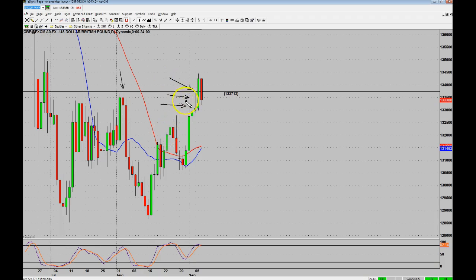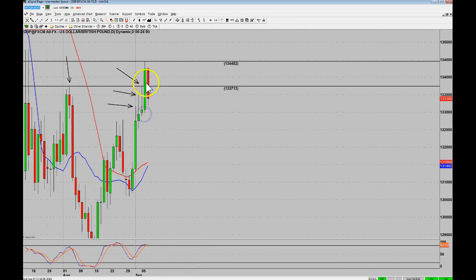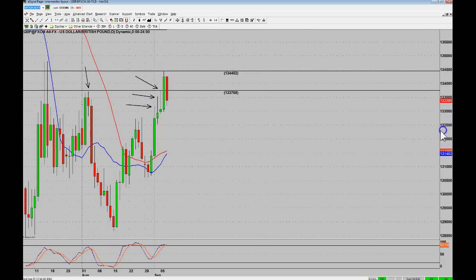My God, they fought it for 3 days. They fought it very, very hard. How far did this stop run go? Well, it looks like it went from 133.76 to about 134.45. So that was a huge one. That right there was monstrous, if we can actually count that as a stop run.